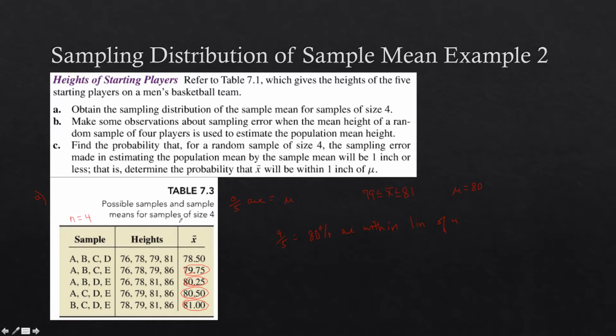So what that means is, if you think of it as a normal curve, as our sample size gets bigger, that normal curve is getting smaller and smaller, which means that our data is getting grouped closer and closer together. So we're getting closer and closer to the number we need, which is the mean.